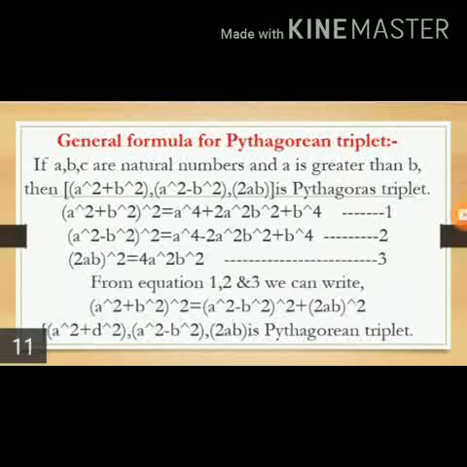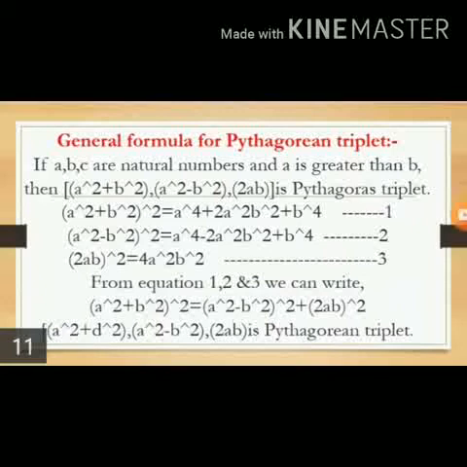Second, (a² − b²)² is equal to a⁴ − 2a²b² + b⁴. This is equation 2. And third, the square of the third term, (2ab)², is equal to 4a²b². This is equation 3.